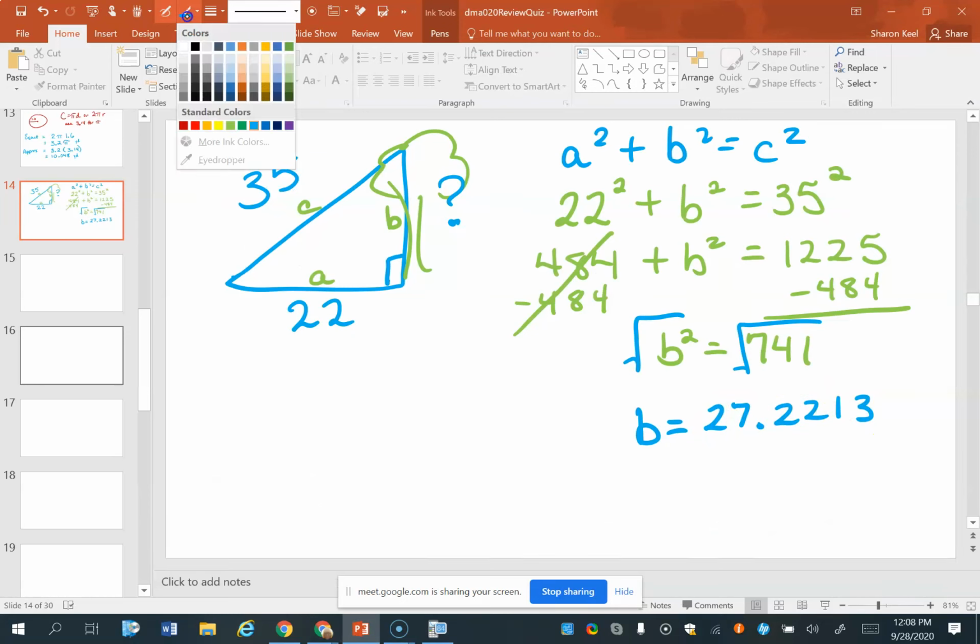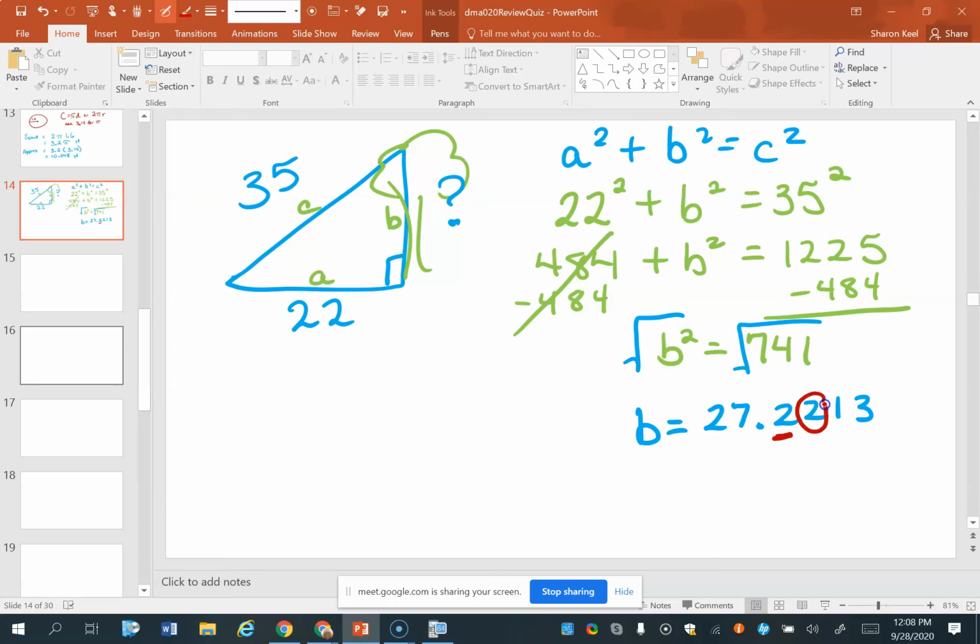If they're asking us to round to the tenths place, we underline the digit in the tenths place. Look at the number beside it, and in this case, the 2 makes the 2 in the tenths stay the same. So that will be 27 and 2/10 for your solution.